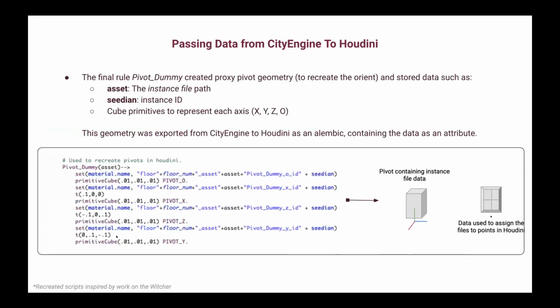So the pivot dummy was used to recreate the orients in Houdini. And some data was also assigned to this pivot dummy, such as the instance file path and an ID, which was particularly useful for the shutters.